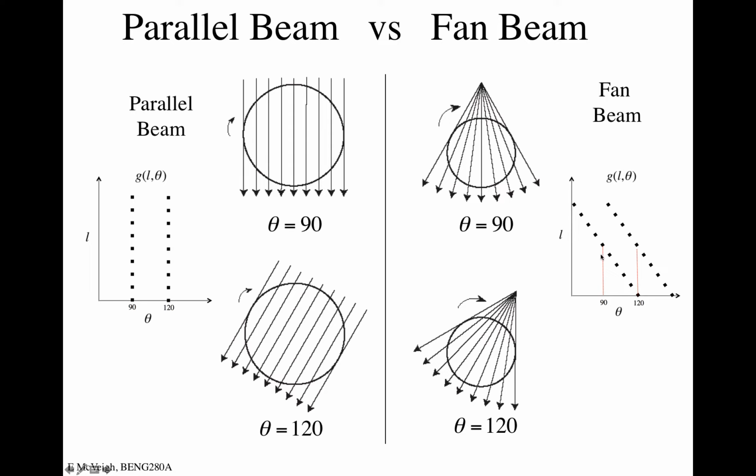So in order to cover the same distance in theta and to map out the same amount of G of L theta unequivocally, when we do fan beam, we need to go 180 degrees plus the fan angle. So I have to do some extra views to fill in this stuff over here.